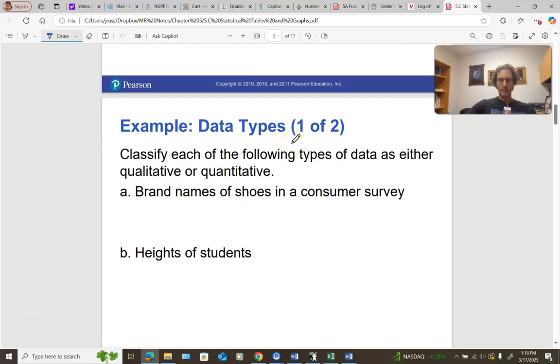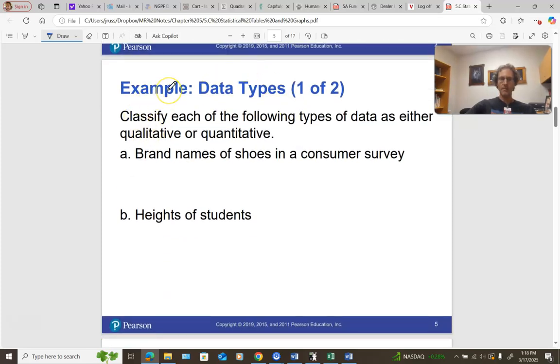All right, so let's do this example in which we're going to identify the different types of data. There's only 2. It says classify each of the following types of data as either qualitative or quantitative. So part A, brand names of shoes in a customer survey. So here this survey might be asking a person, what's your favorite brand of shoe?